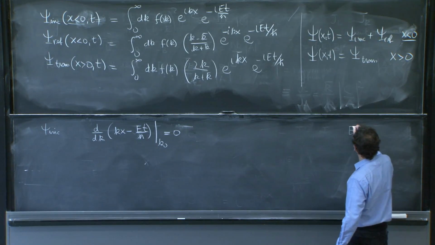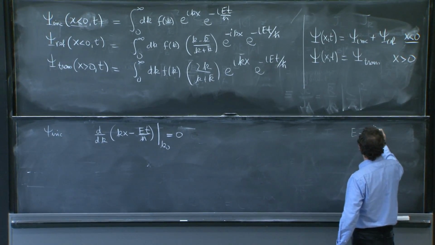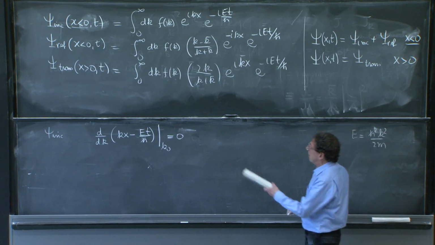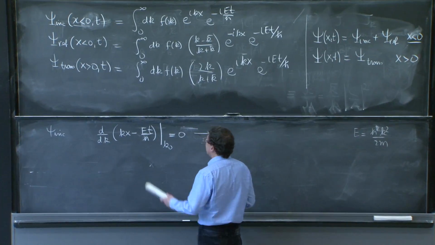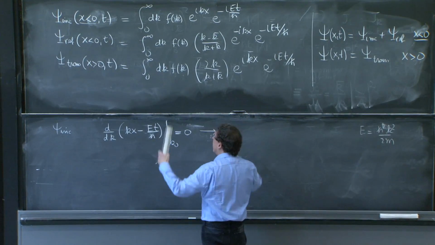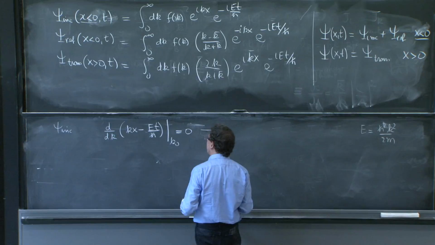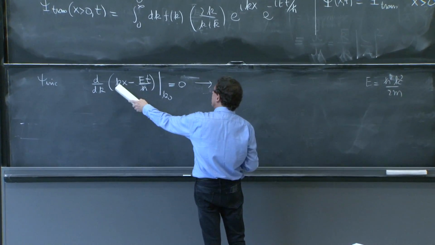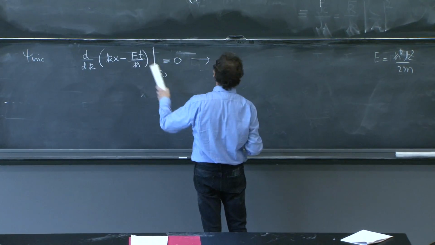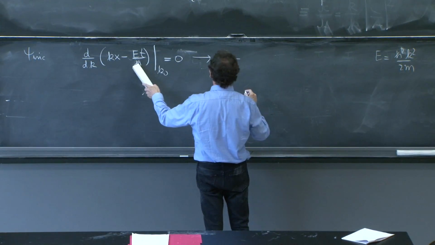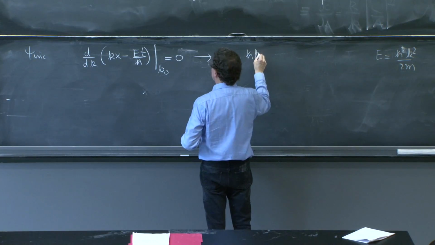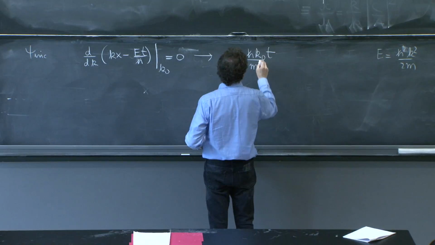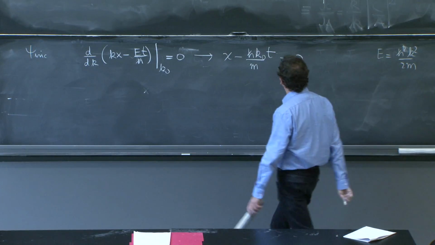Now remember that E is equal to h bar squared k squared over 2m. So what does this give you? That the peak of the wave packet is localized at the place where the following condition holds: x minus (dE/dk, with an h bar, which gives you h bar k t over m) evaluated at k naught equals 0.